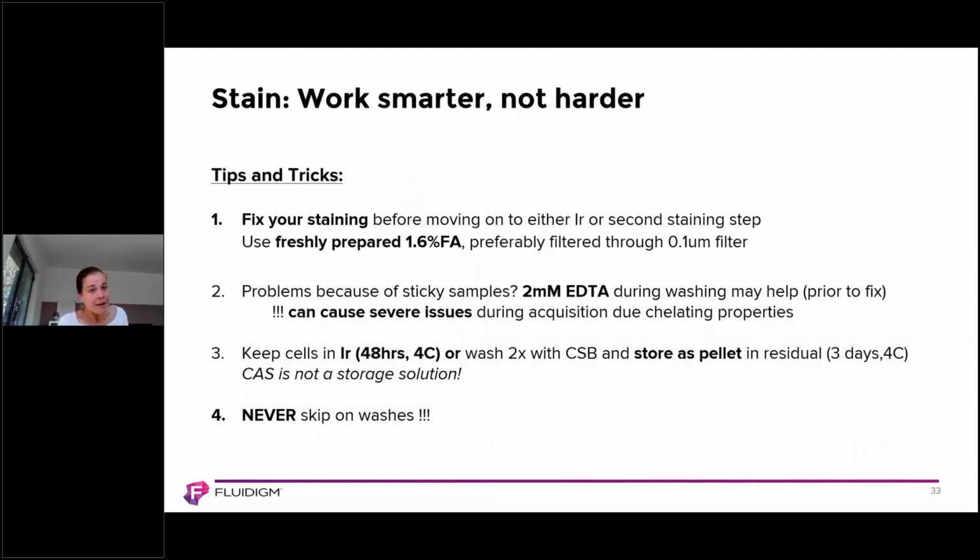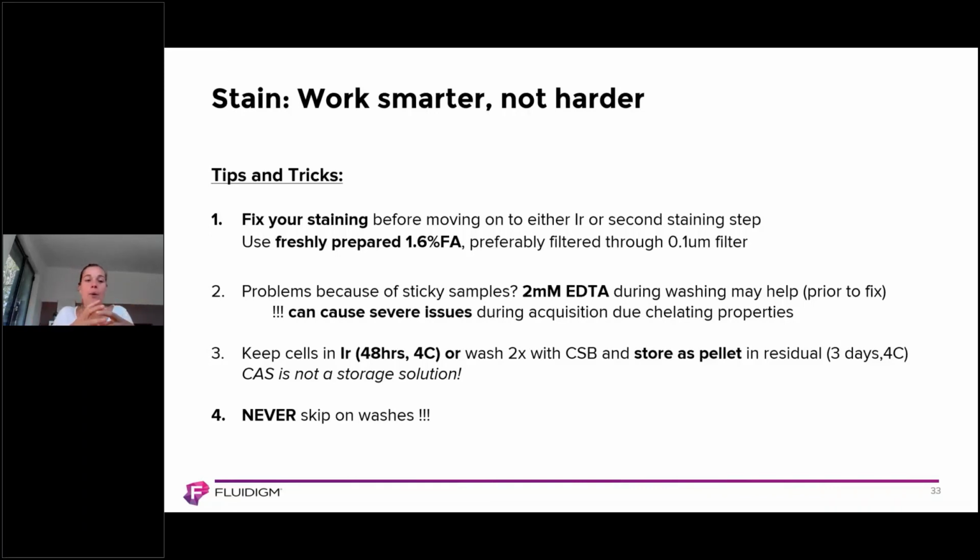So a little bit more of tips and tricks. When you finish your surface staining, always do a fresh fixation with formaldehyde at 1.6%. It will link everything at the surface of your cells, and it will be better after for the acquisition.